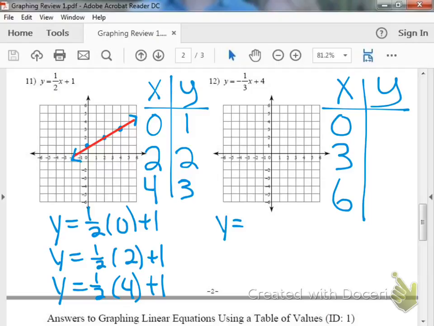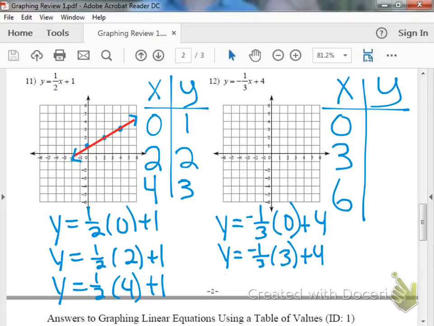So, very quickly, I need to do negative 1/3 times 0 plus 4, negative 1/3 times 3 plus 4, and negative 1/3 times 6 plus 4. Negative 1/3 times 0 is 0, plus 4 is 4.